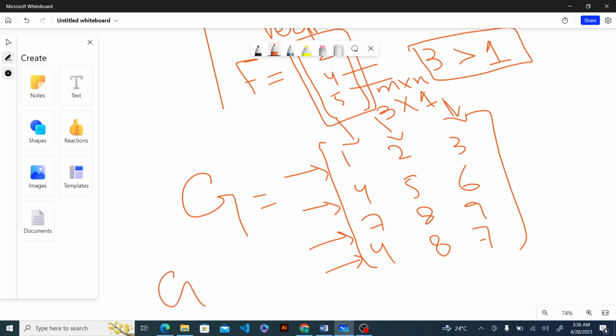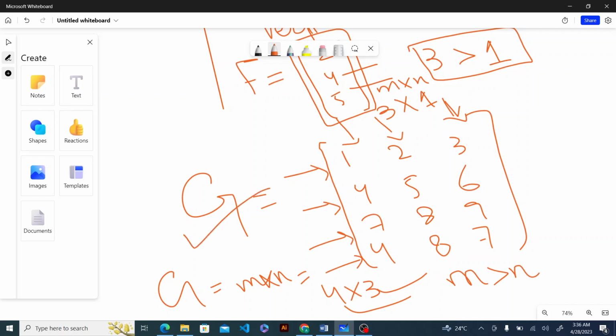The order is 4 rows, 3 columns. M is greater than N. That is why G is a vertical matrix.